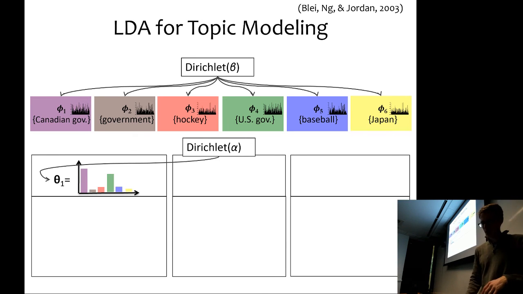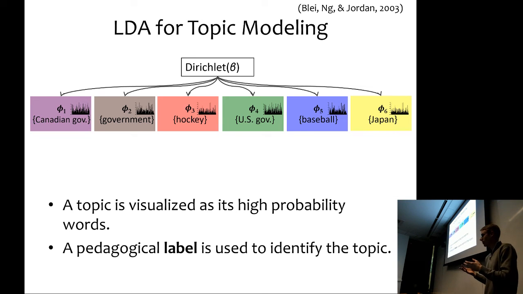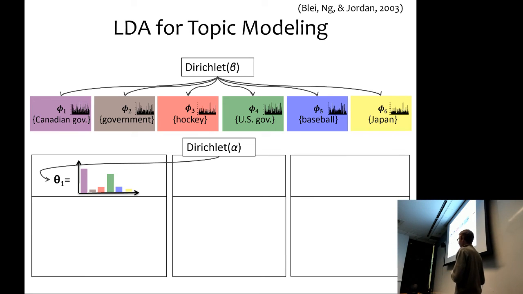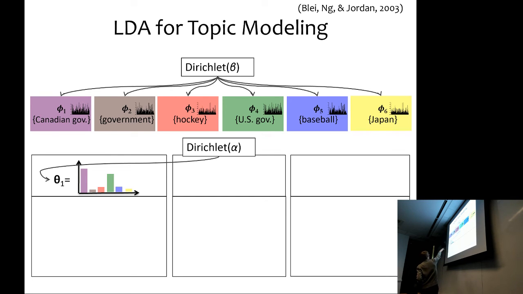Okay, so now let's actually generate some documents. To do that, we first sample from our Dirichlet parameterized by alpha a distribution over topics. Okay? So this is a multinomial distribution, a distribution over the actual topics.